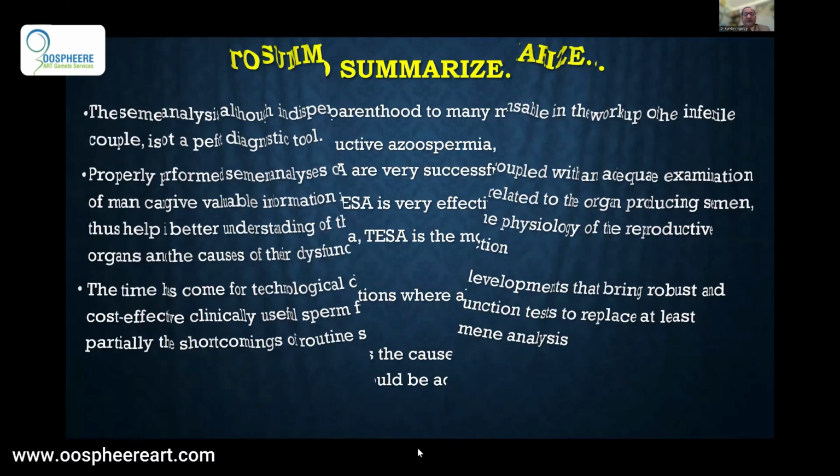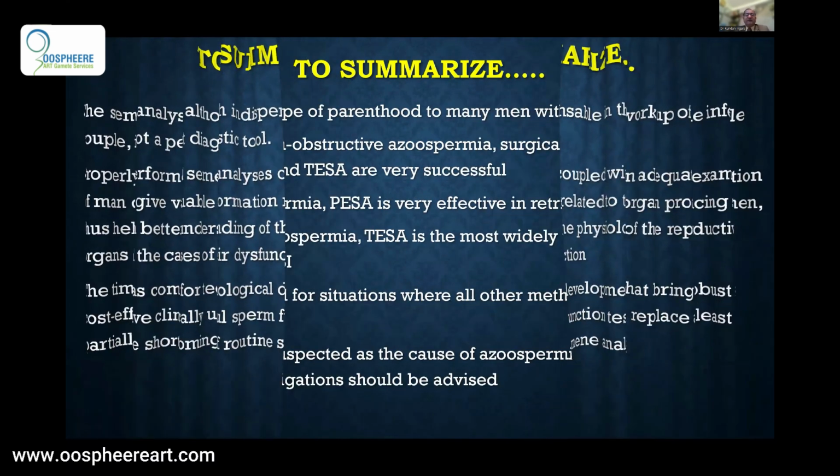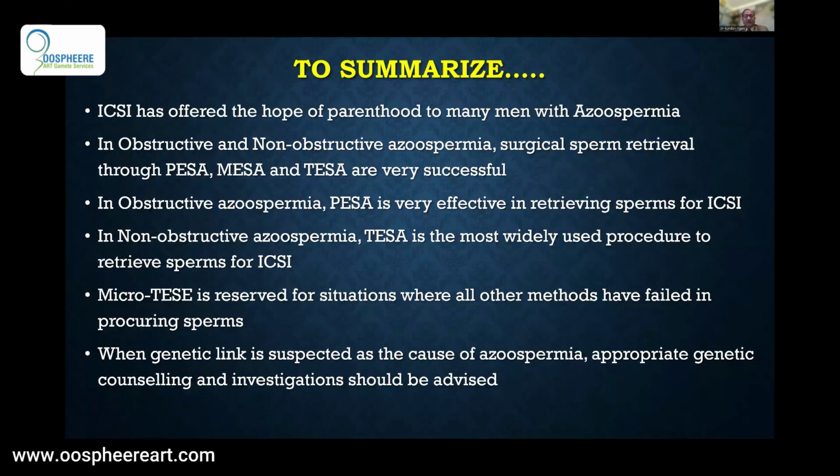The next summary is that we need to understand that ICSI has offered the hope of parenthood to many men with azoospermia. In obstructive and non-obstructive azoospermia, surgical sperm retrieval like PESA or TESA is very successful. In obstructive azoospermia, PESA is very effective in retrieving sperms.